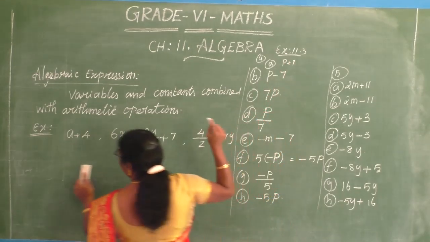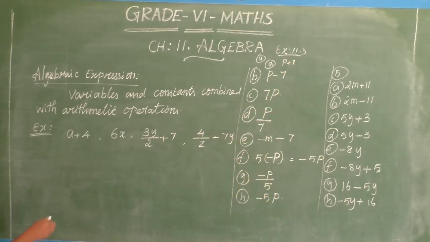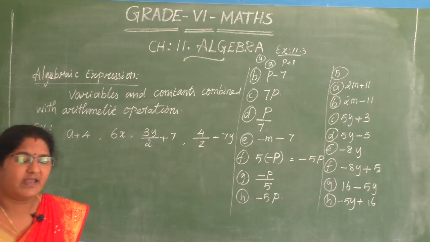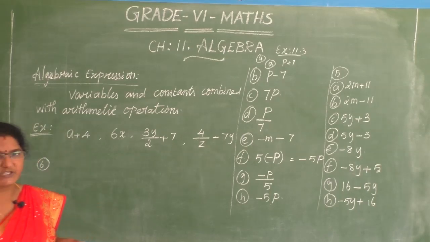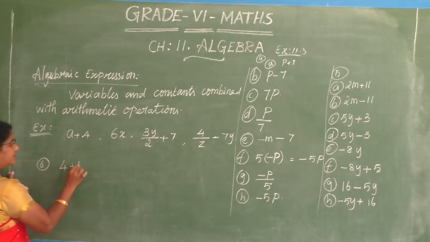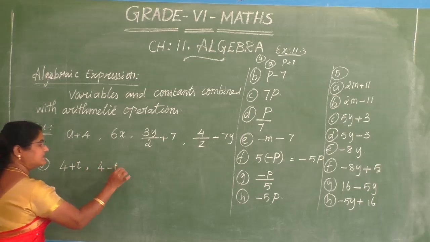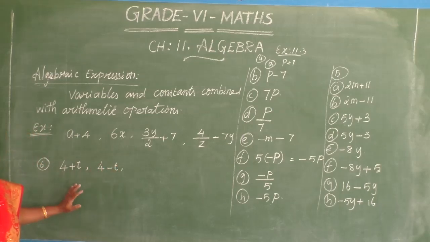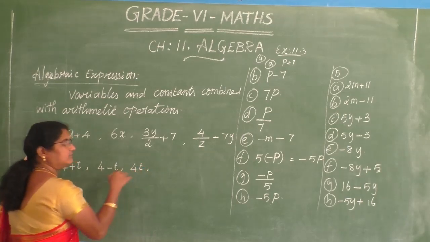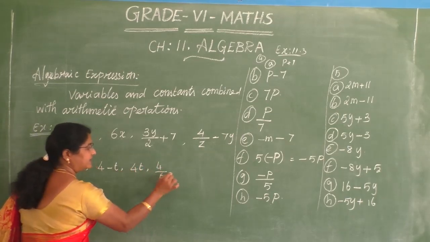Okay, now which question? 6th one. They can use 4 and t and make some more expressions using both the terms 4 and t and use one operation. That means 4 plus t. Okay, next 4 minus t, one operation, but we used both letters 4 and t. Next 4 into t, 4 divided by t.